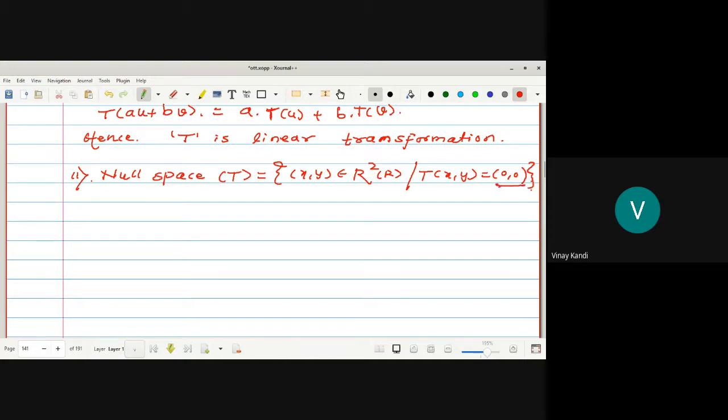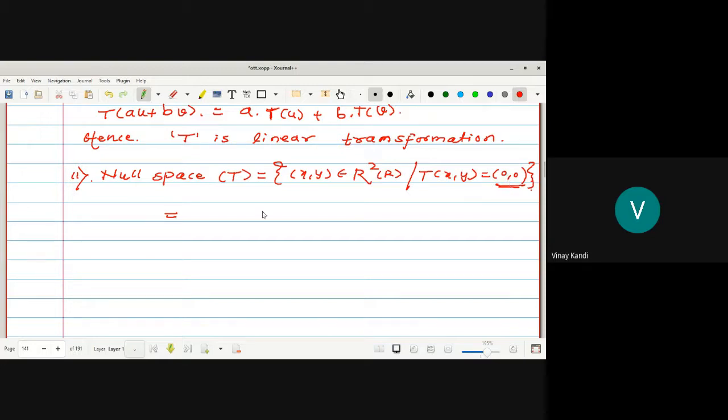This is the definition of null space: collection of elements X from the domain such that if you apply T on that element, we get 0 of the codomain.